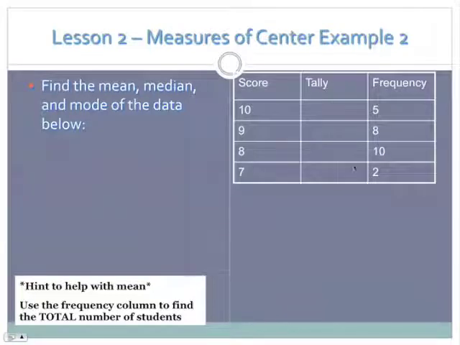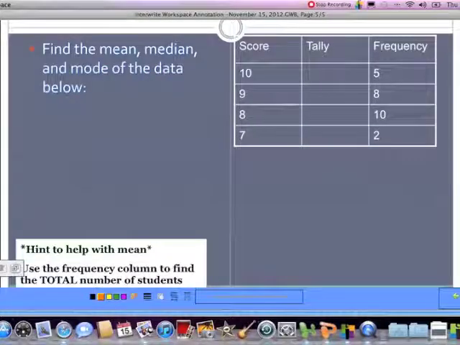Now, generally frequency tables will have a tally row, and each tally mark represents how many students scored 10 goals. So for this first one, we had 5 students that scored 10 goals. And this part is not in your notes, but generally you will see frequency tables with a tally column as well.